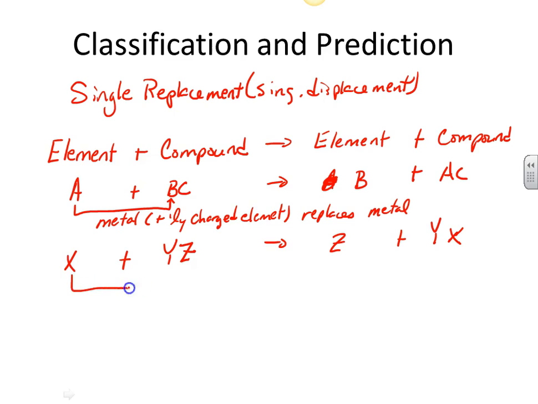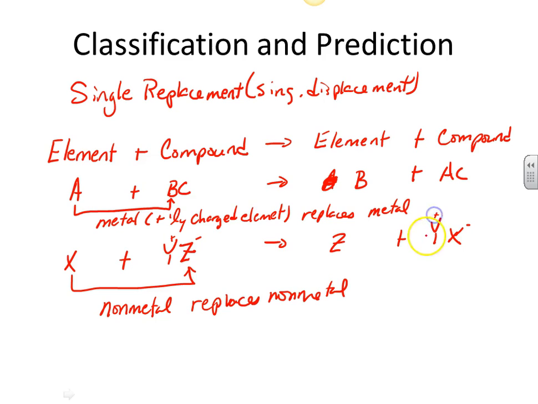In this case, X is replacing Z. This is going to be a nonmetal replacing a nonmetal. In our compound here, this would be our positively charged element, and this would be our negative. So our element X is going to replace the negatively charged element, implying that it itself is also going to be negatively charged at the end of all this.